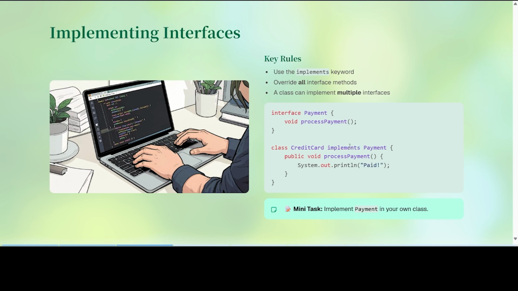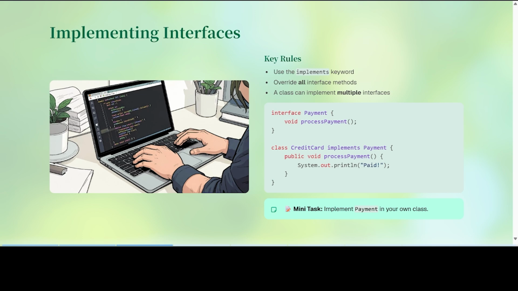In inheritance, when you inherit the parent's properties and methods, we use the extends keyword, but here we are using the implements keyword. So keep it in your mind. We use interface as a keyword, and then we use implements here, without the extends keyword.